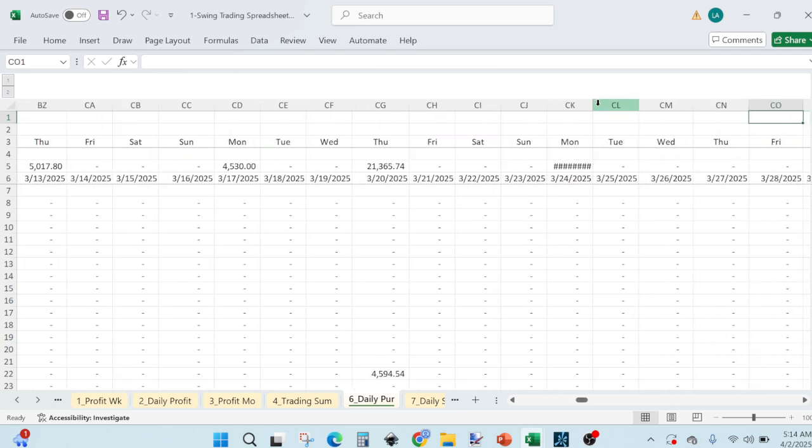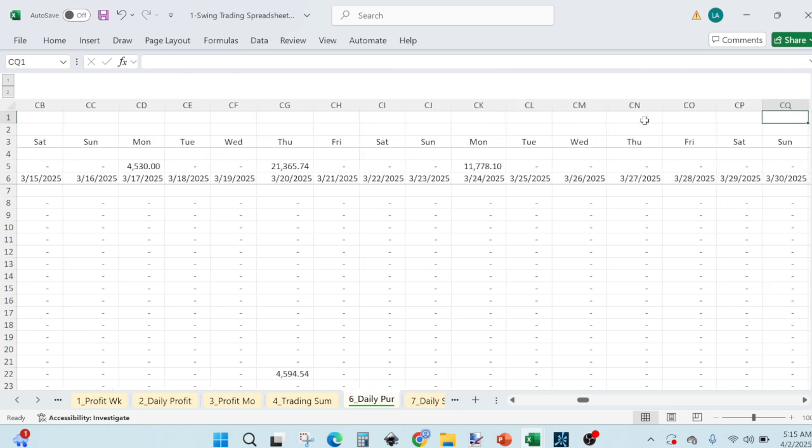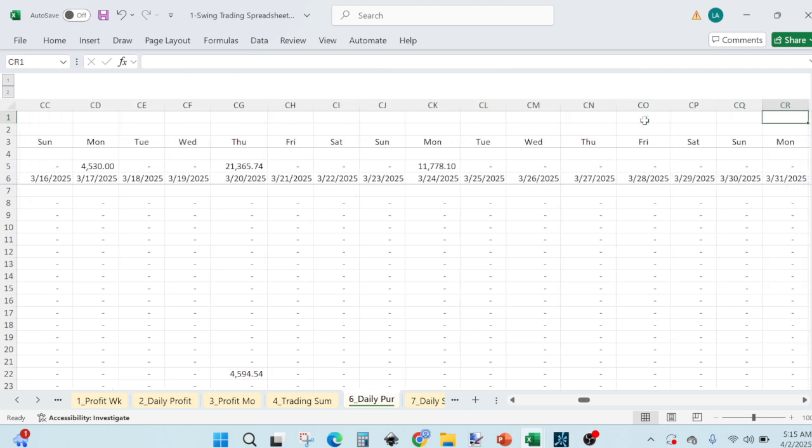Just to give you an idea that you can swing trade with a full-time job. It depends on the strategy you are using. You may not have to buy stocks every day, and you may not have to sell stocks every day.